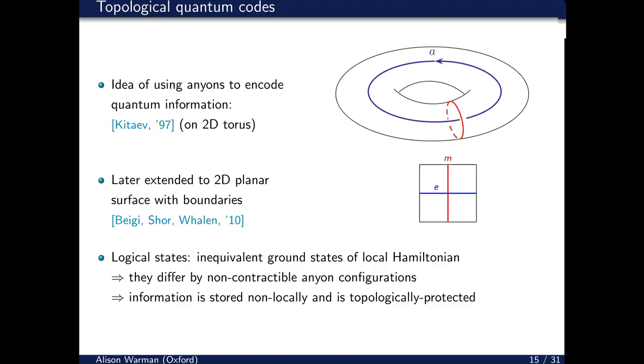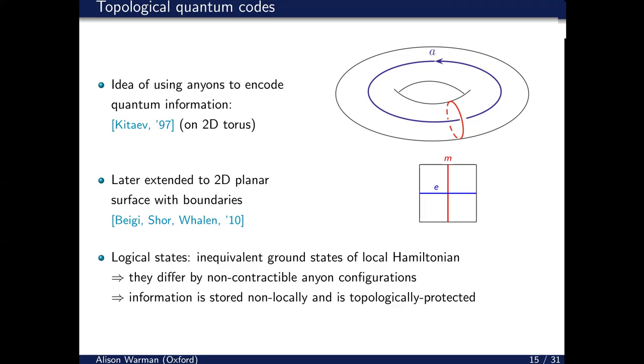So let's remind ourselves of the idea behind topological quantum computation. The idea is to encode quantum states in global topological degrees of freedom. For example, the anyons wrapping the non-trivial cycles on a torus, or stretched between boundary conditions on a plane.